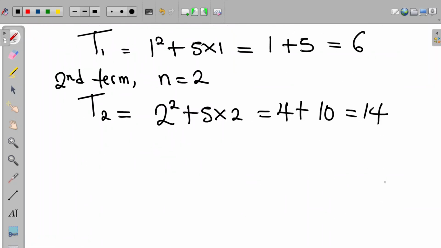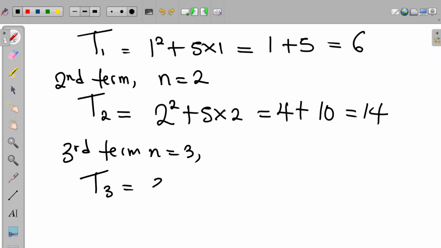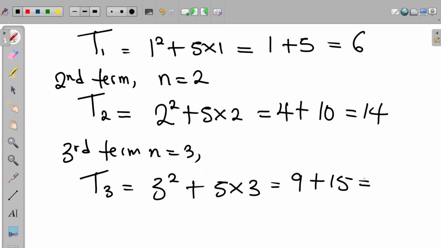Also, for the third term of our series, we have it that n is equal to 3. So we have that the third term is equal to 3 squared plus 5 times 3. 3 squared is giving us 9, plus 5 times 3 is 15. So therefore, 9 plus 15 is giving us 24.